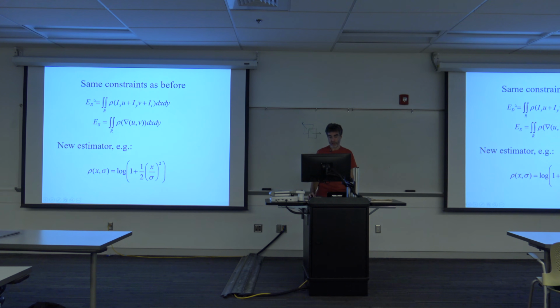So we're going to go back to our basic definition of the data error function, ED. There was this function right here, remember, where rho of x was equal to x squared, right? That's a least squares solution, okay? And this was the smoothness error function, which was the gradient squared, right?